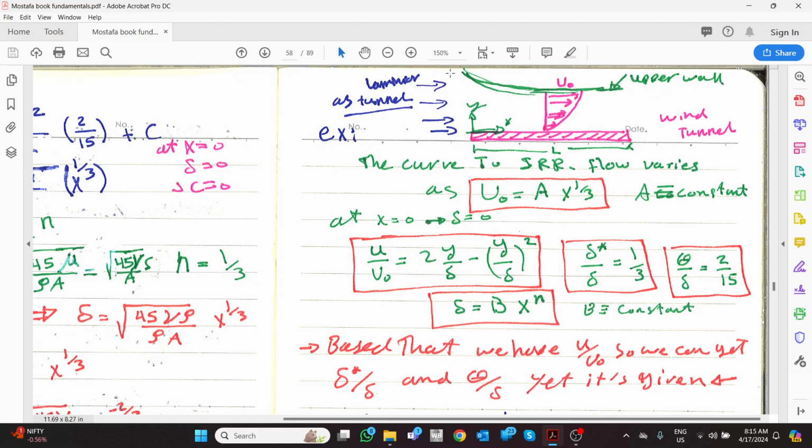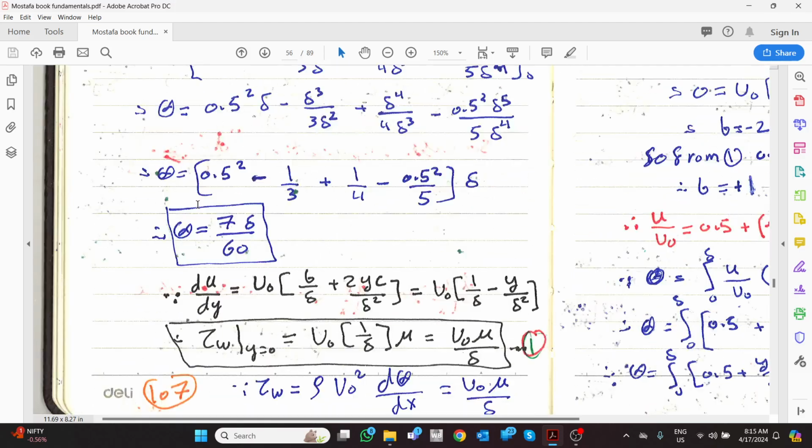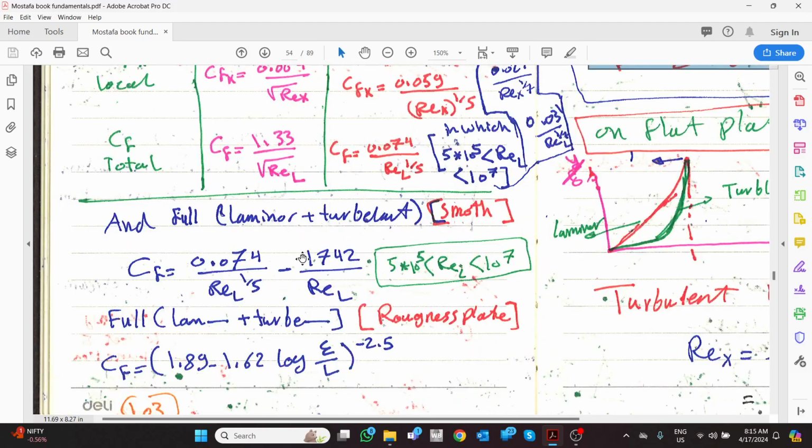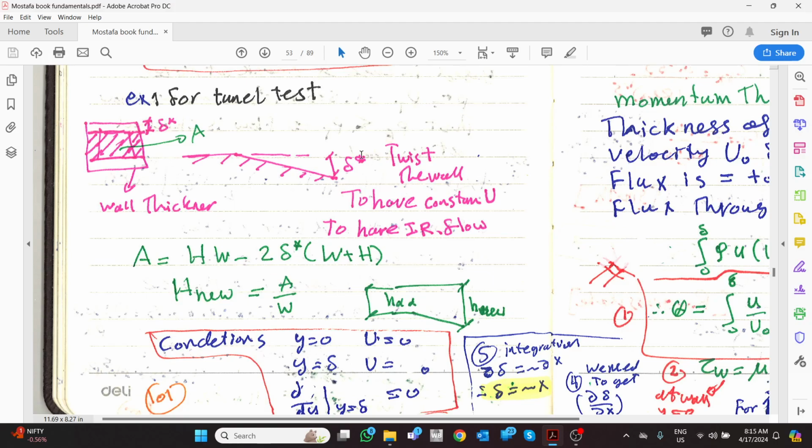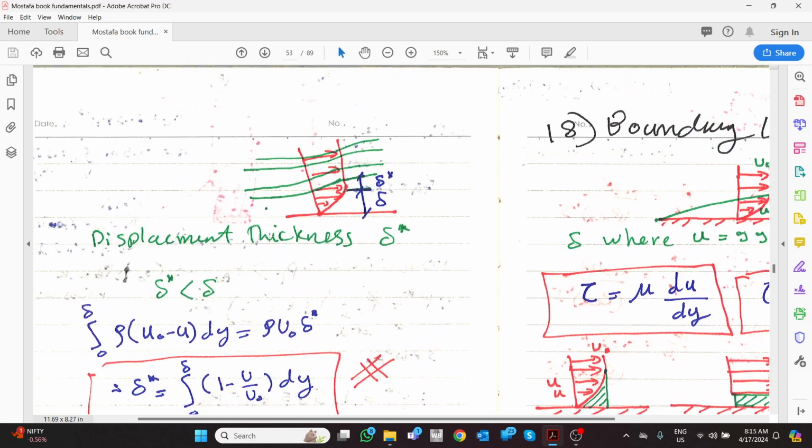We don't know what the shape of the upper wall is, but they're telling you. And the curve to keep the rotational flow varies. We agreed about it. When you do the tunnel, the tunnel shape is changing due to displacement thickness.